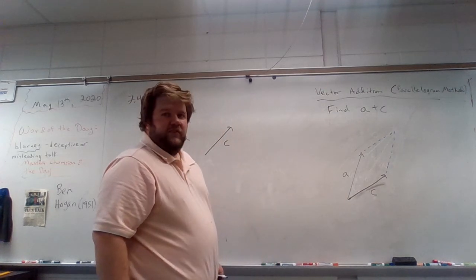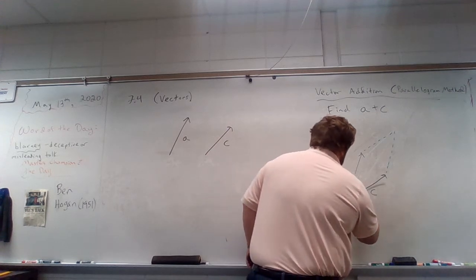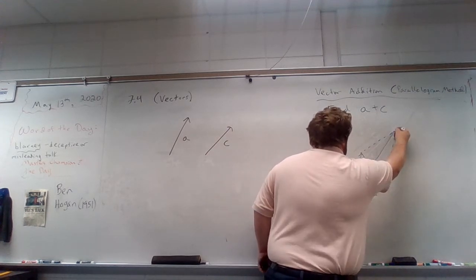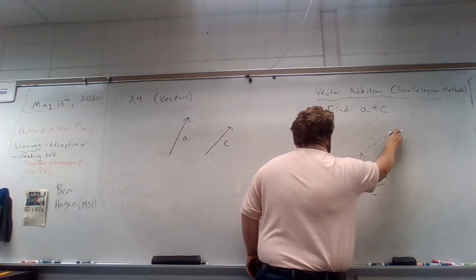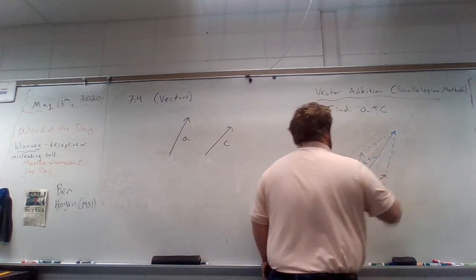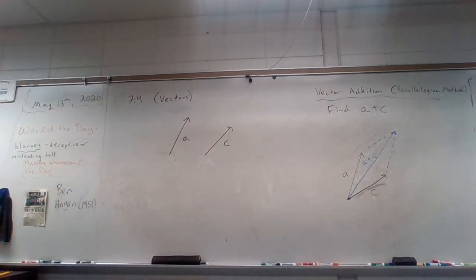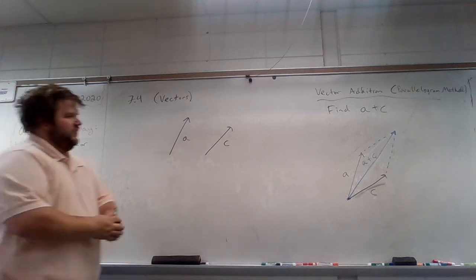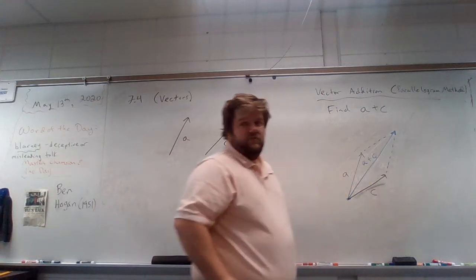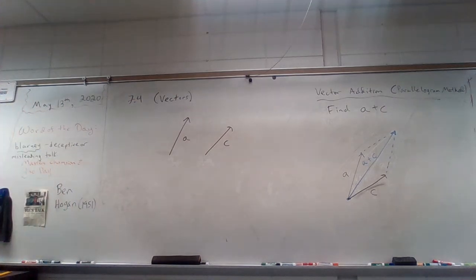And then to get your vector A plus C, it just goes from this initial point here to the opposite corner of the parallelogram, and this is A plus C. And if you do that right, we should get about the same thing we got with the triangle method. And this is our vector here that is a result of adding those two. Okay, so that's adding, say, two vectors with either the triangle or parallelogram method.